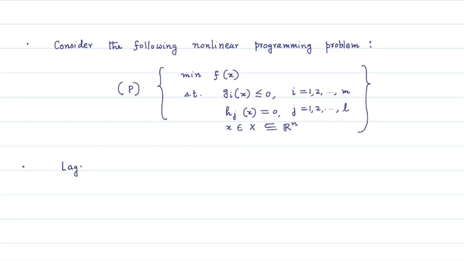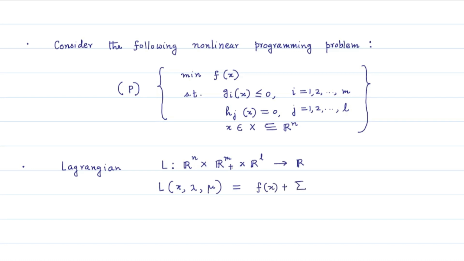We define the Lagrangian of this problem as a real valued function defined on R^n cross R^m cross R^l, by, as usual, L(x, lambda, mu) equal to f(x) plus, in lambda we have m many components, summation of lambda_i g_i(x), i from 1 to m, plus summation j equal to 1 to l of mu_j h_j(x).